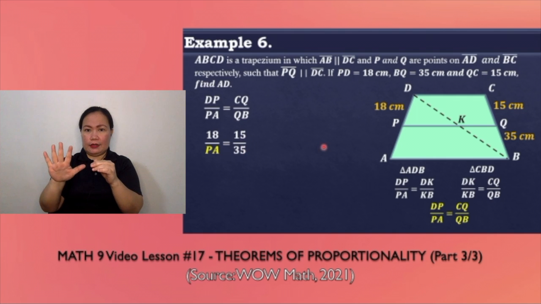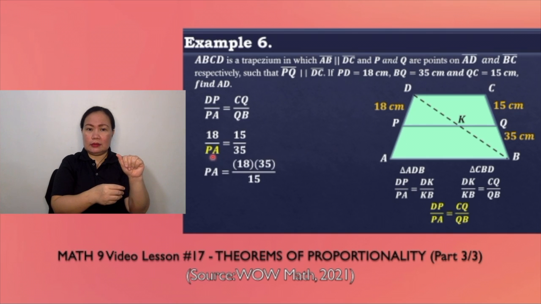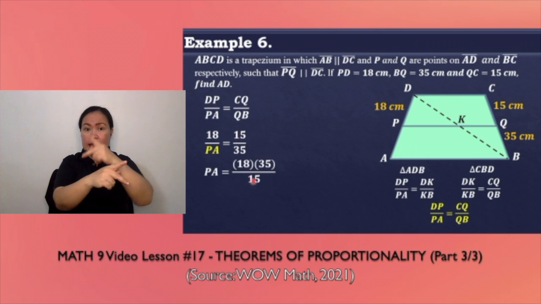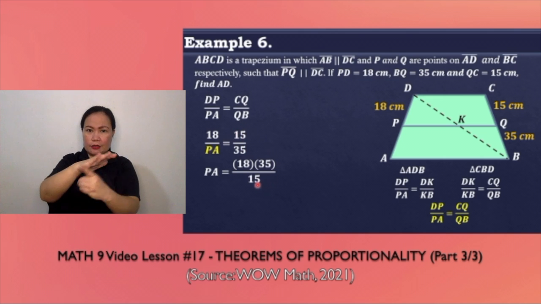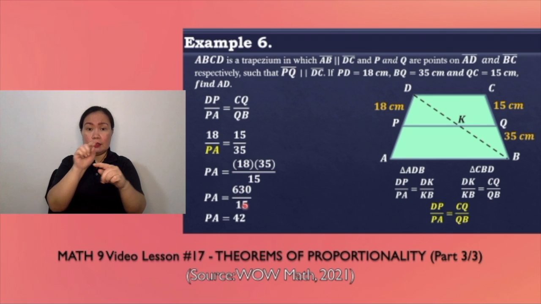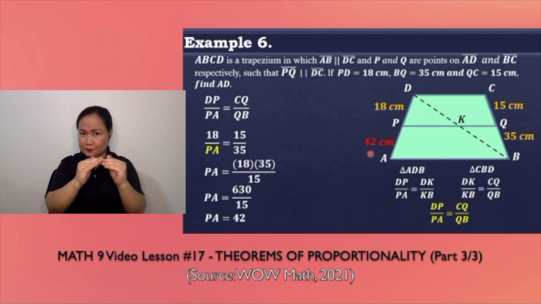Doing the shortcut, we have PA, and then cross multiply: 18 times 35 over 15. Whatever is the partner of the unknown always goes in the denominator. So PA is equal to 18 times 35, that is 630, divided by 15. Your PA is equal to 42. We got our PA, which is 42 centimeters.